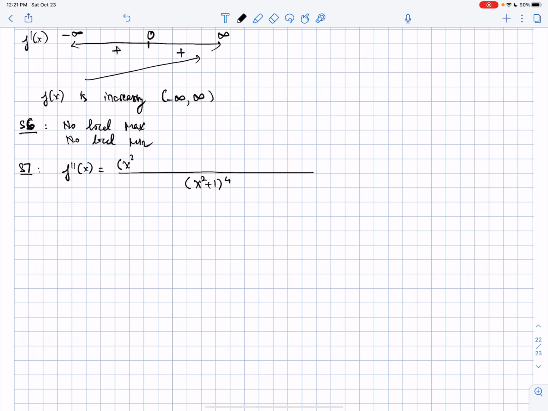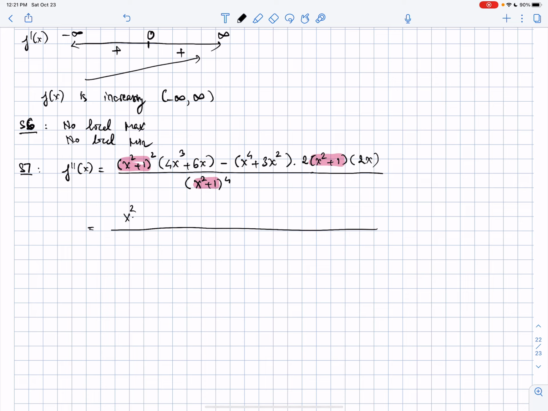So we will get (x squared plus 1) squared, times (4x cubed plus 6x), minus (x to the 4 plus 3x squared) times 2(x squared plus 1) times 2x. We notice that we have x squared plus 1 in every term, so we can take out the x squared plus 1.